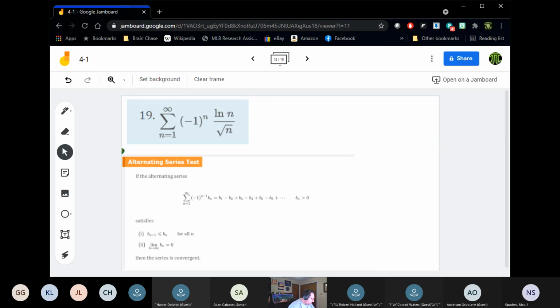All right. So which one of the two criteria do you want to try first? Do we want to look for the limit or do we want to look for decreasing?